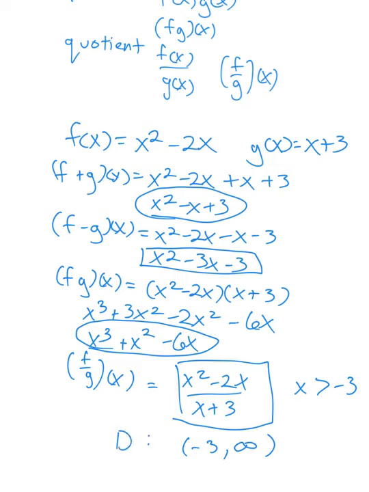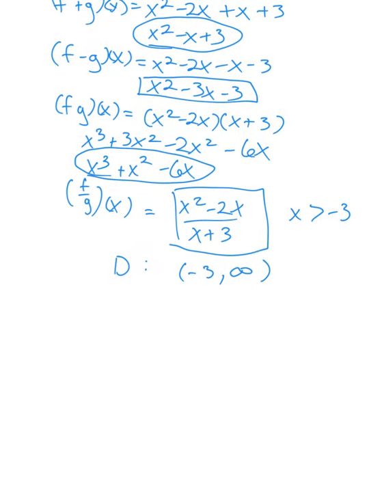While we're on the topic of domain, let's say we had an interesting domain. Let's say we ended up with an equation that said 1 over x squared minus 9. We know that x squared minus 9 factors to x plus 3, x minus 3. So we know that x cannot equal -3, and it cannot equal +3.